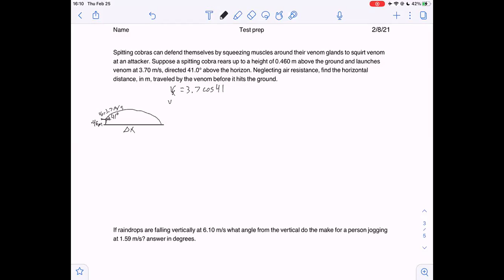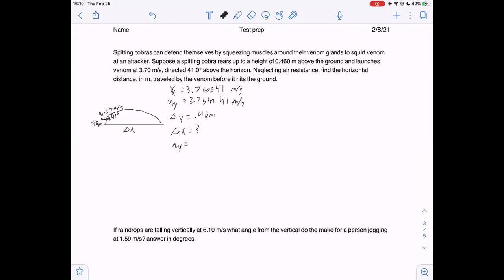Then our V naught of Y is going to be 3.7 sine 41. Our change in Y is going to be that 0.46 meters. We're looking for our delta X.